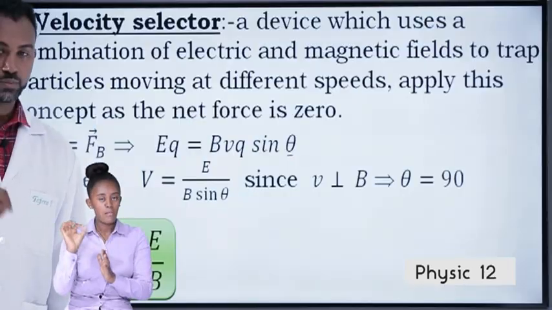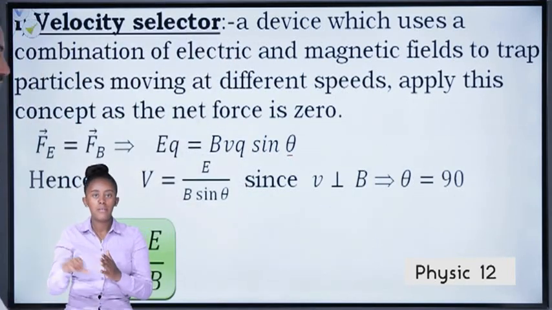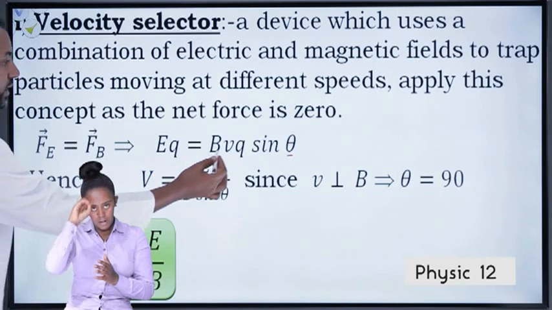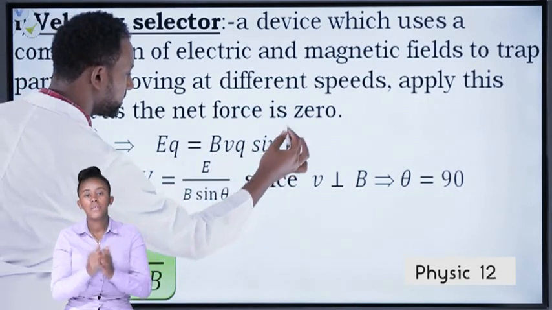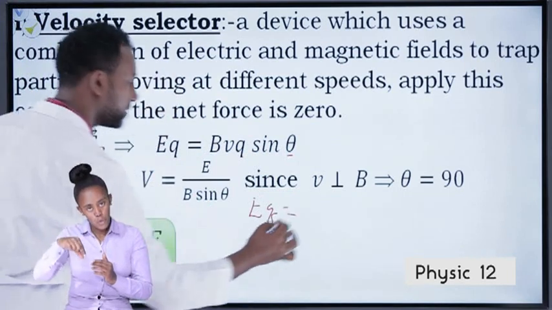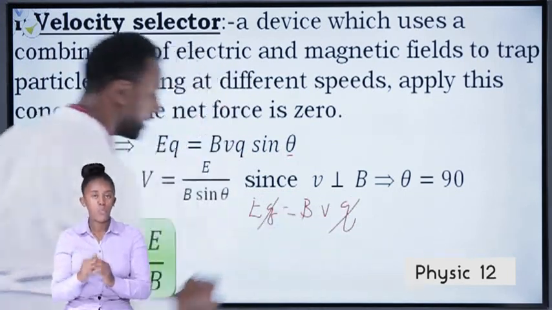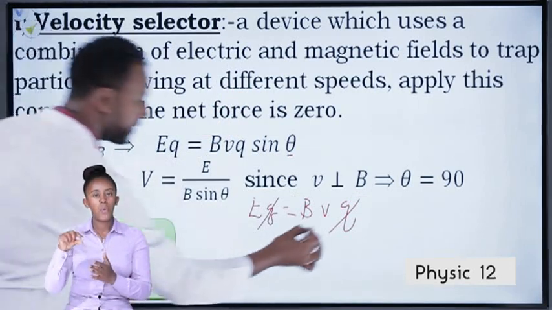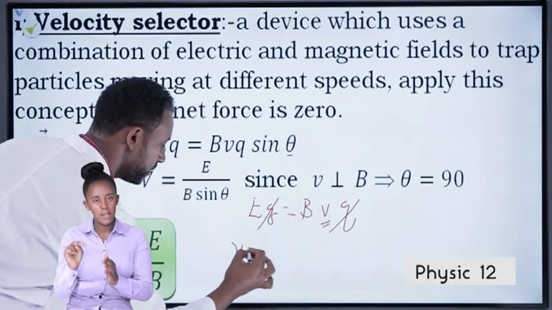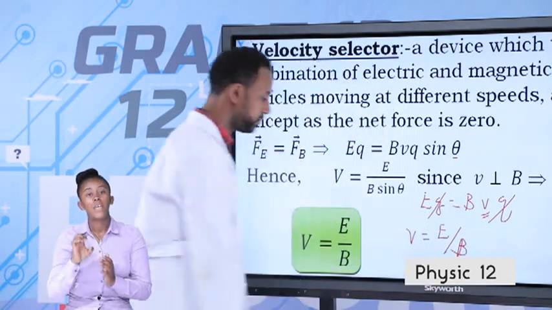The velocity of the charged particle is perpendicular to the magnetic field, therefore theta is 90 degrees, and sine 90 is 1. So E times Q is equal to BvQ. We can cancel out Q, the charge, and find an expression for the velocity: v equals E over B.